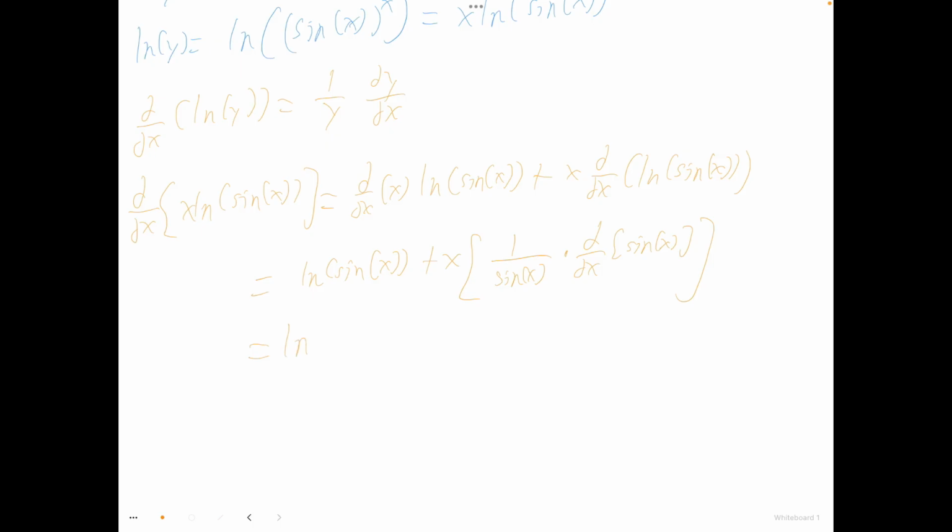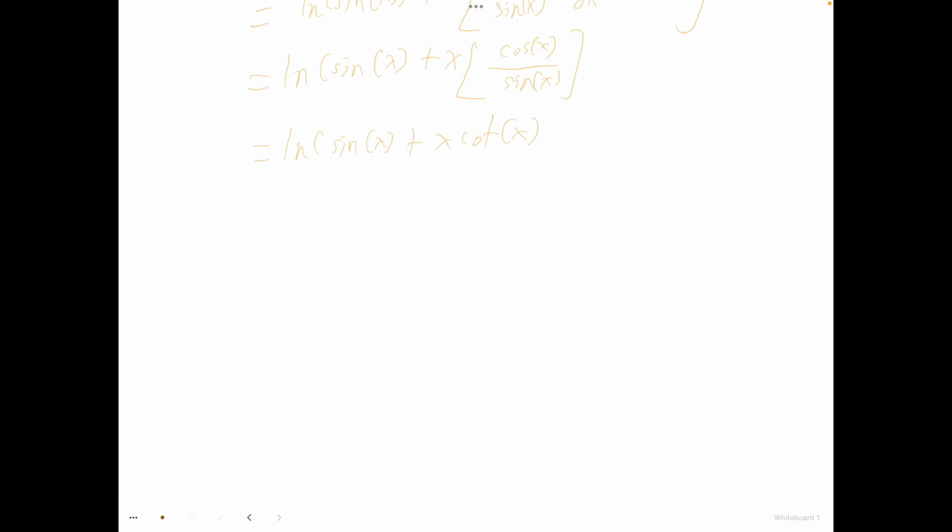So we get ln of sine of x plus x times, we're just going to get cosine of x over sine of x. So this is ln of sine of x plus x cotangent of x, because cosine over sine is cotangent.